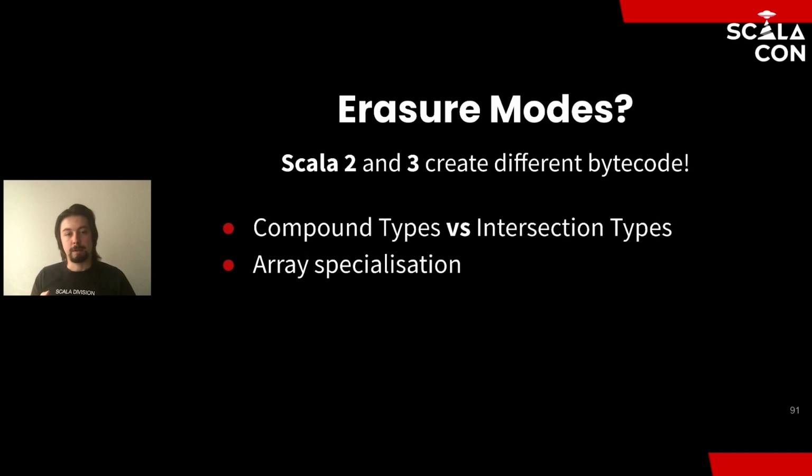That is where you have Product with Serializable in Scala 2, but Product & Serializable in Scala 3, and these have different erasure modes. So the methods in the bytecode will look different depending on whether it was compiled by Scala 2 or Scala 3. It's the same with the specialization of arrays and the element type within them.